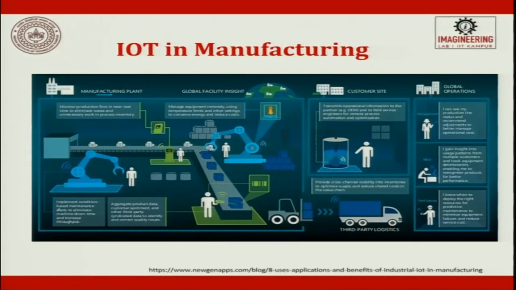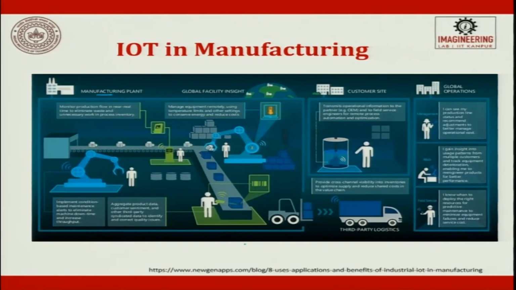Then implementing condition-based maintenance alerts to eliminate machine breakdown and increase throughput. So, they are now talking about predictive maintenance rather than preventive maintenance. In predictive maintenance you put some sensors, find out what is going on, do a multi-objective optimization, and then quickly go and start working on the machine based on 4-5 sensors predicting.